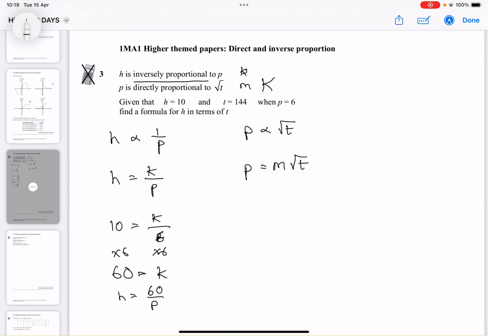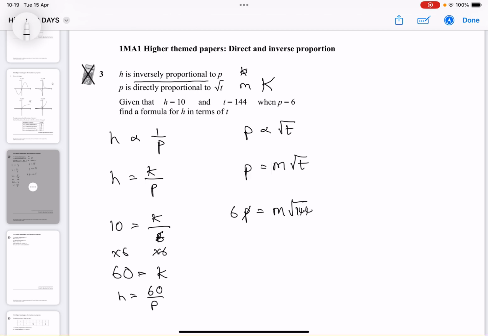Then what I'm told is that p equals m times the square root of t. So p in this case is 6, and 6 equals m times the square root of 144.